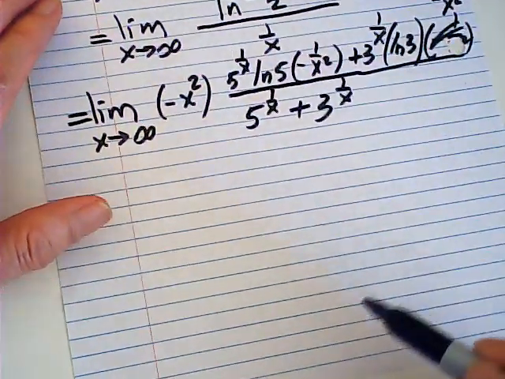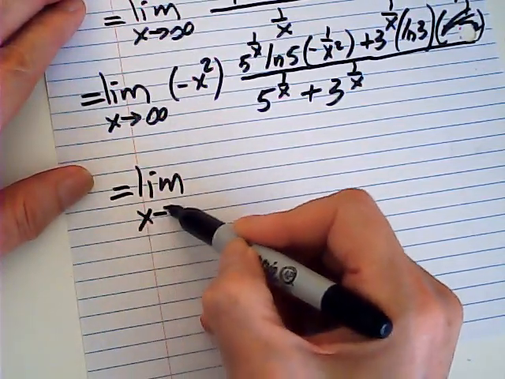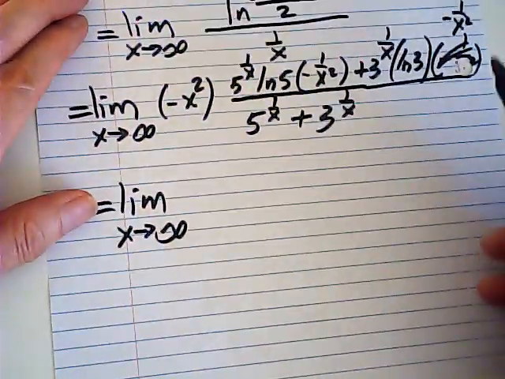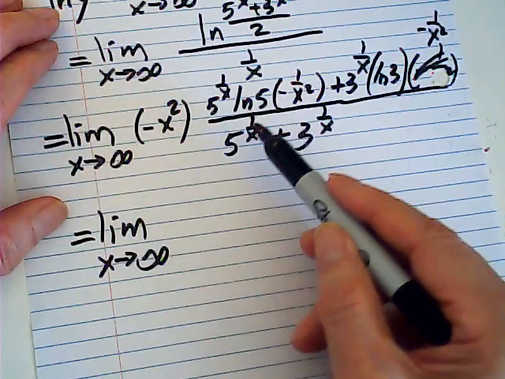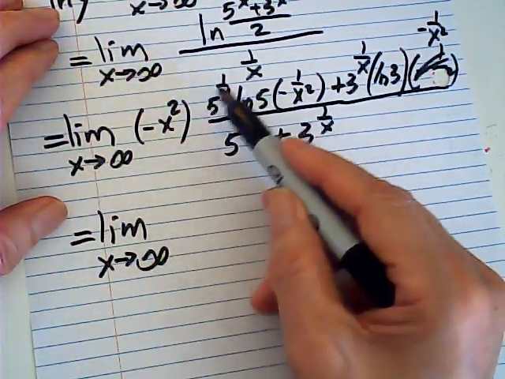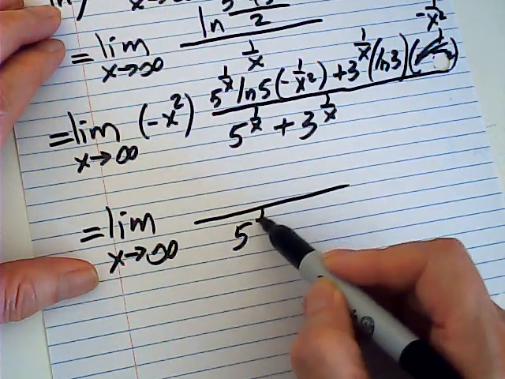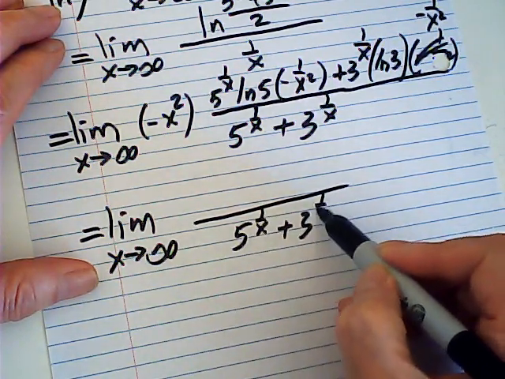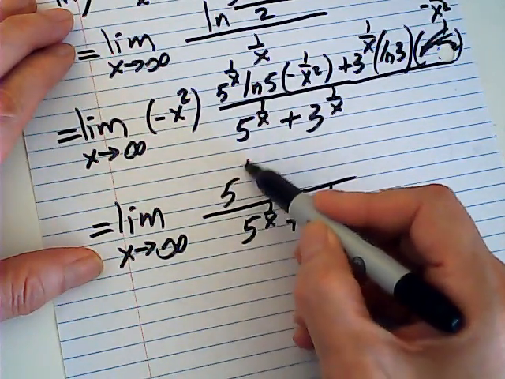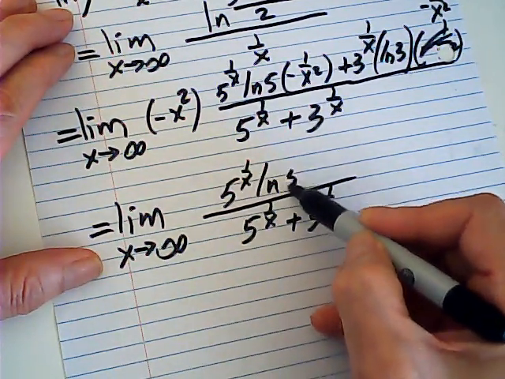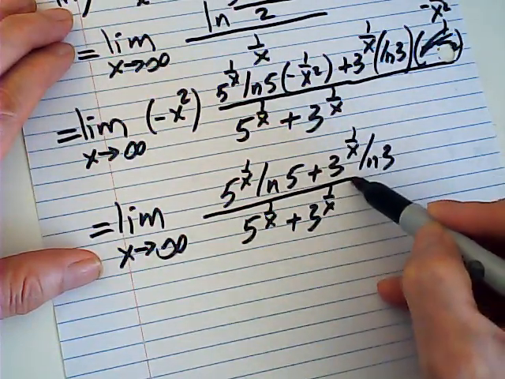Now this is equal to the limit as x goes to infinity. The common factor can be cancelled with the other one, right? So this is gone. So it becomes 5 to the 1 over x log 5 plus 3 to the 1 over x log 3, over 5 to the 1 over x plus 3 to the 1 over x.